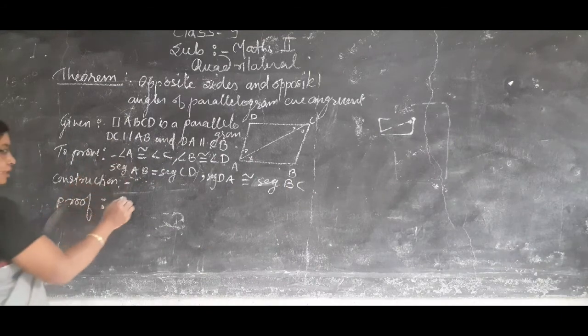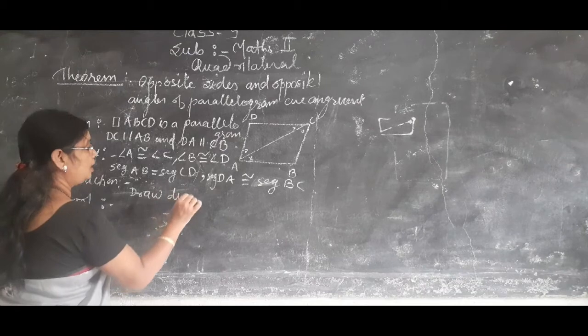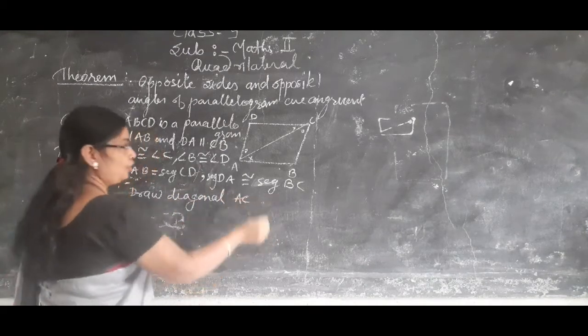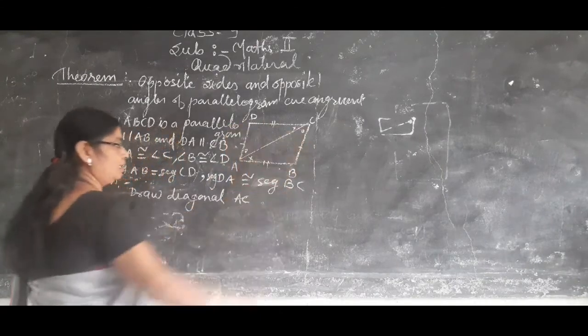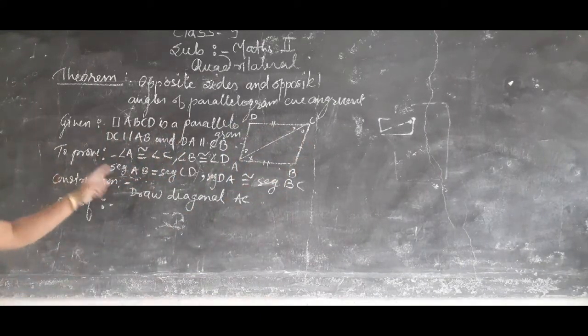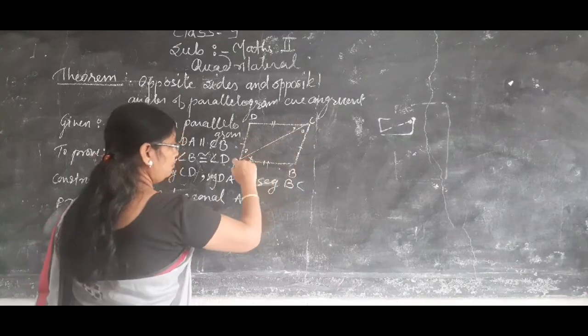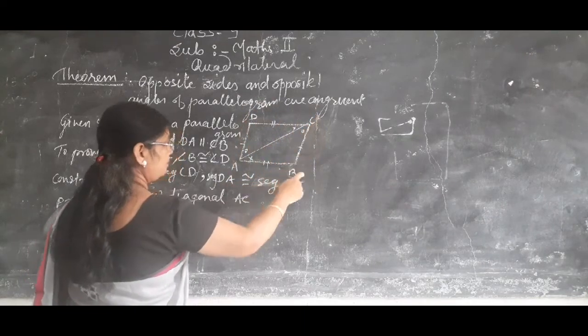Now what construction you have to take? Draw diagonal AC. What you have to show? Opposite sides are congruent and opposite angles are congruent. It is your proof. Now start the proof. Now see here two triangles, ADC and CBA.